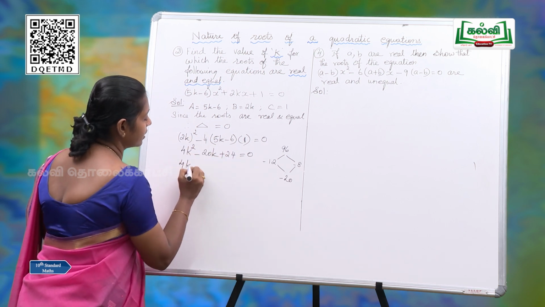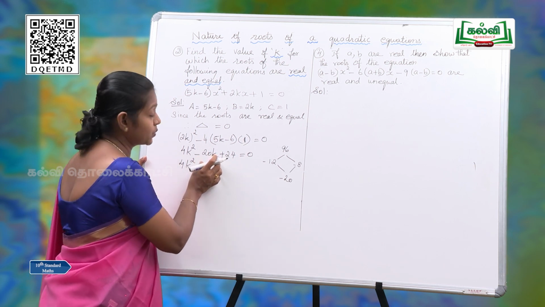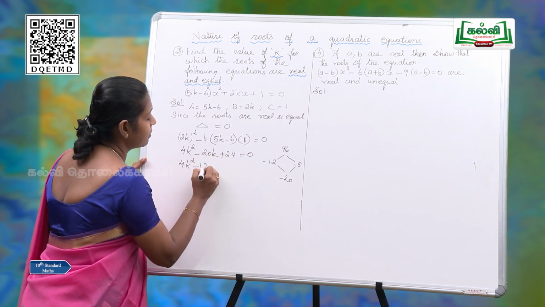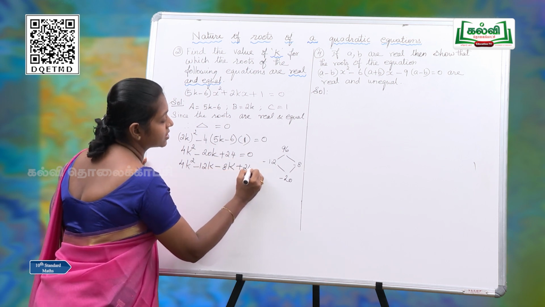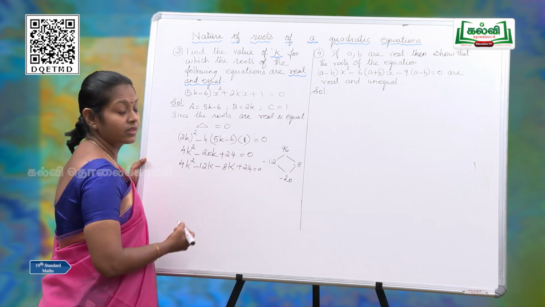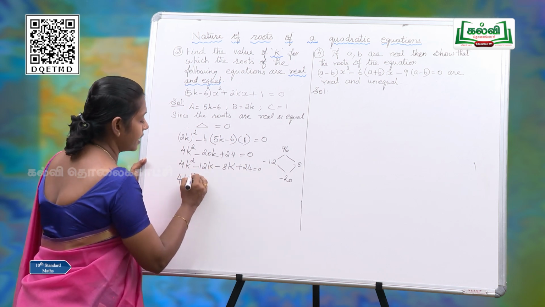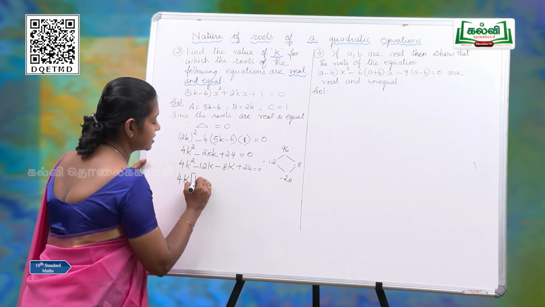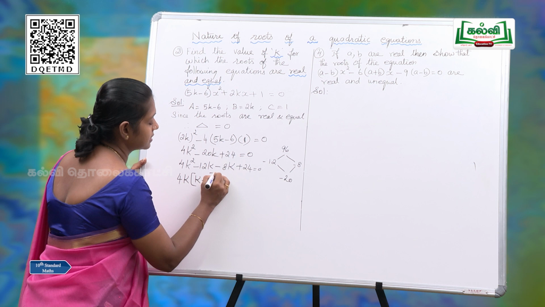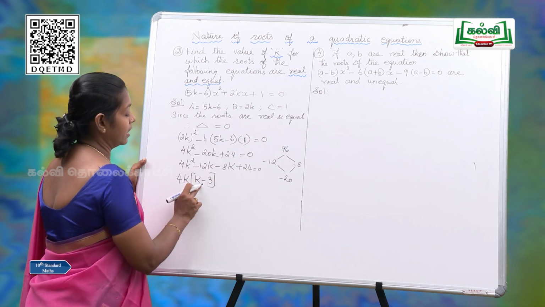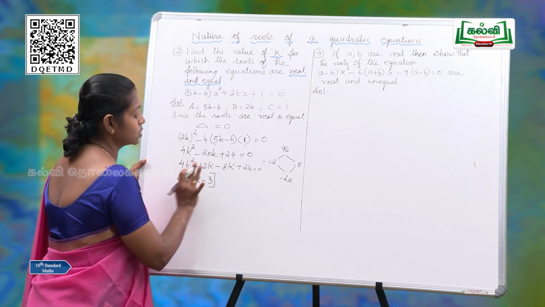Now, 4k squared, you have to replace this minus 20k by using minus 12k minus 8k, and the constant is 24. Now, take these two terms, 4k out, then what is the remaining term? k minus 3. Check, 4k into k, 4k squared, and 3 fours are 12, into k, so 12k.